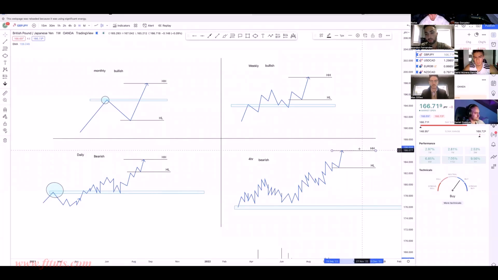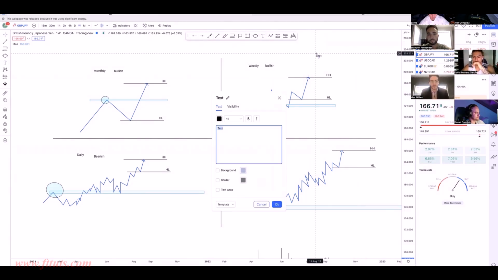Based off of yesterday's video alone, the first thing we would do when we come here is look at the confluences to go long. Let's fix this, I spelled it so wrong.